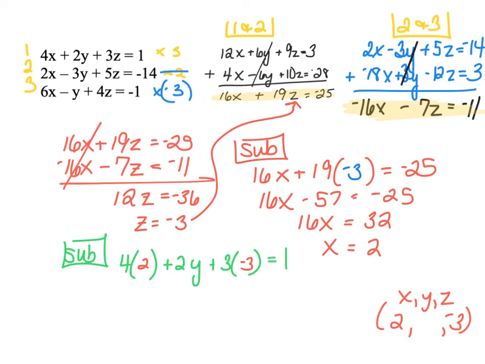And I'm going to just solve this. So this is 8 plus 2y minus 9 equals 1. So 2y minus 1 equals 1. Add 1 to both sides gives me 2y equals 2. Divide both sides by 2, and I get y equals 1 for the solution to my ordered triple.